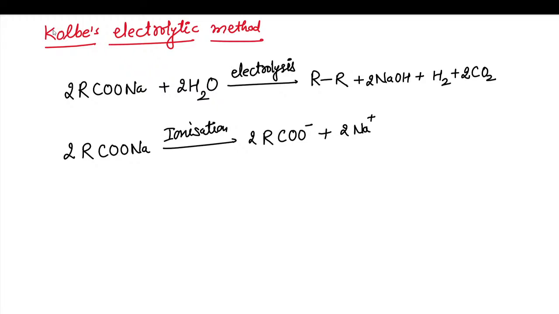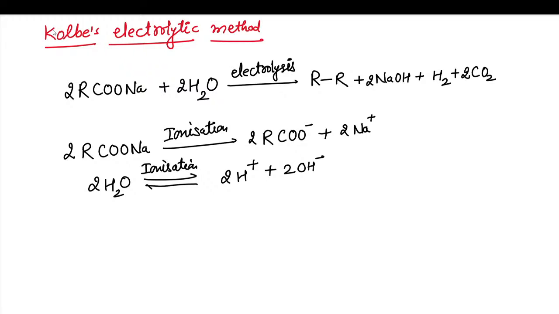And at the same time, 2H2O are also ionized to get 2H plus and 2 OH negative ions.